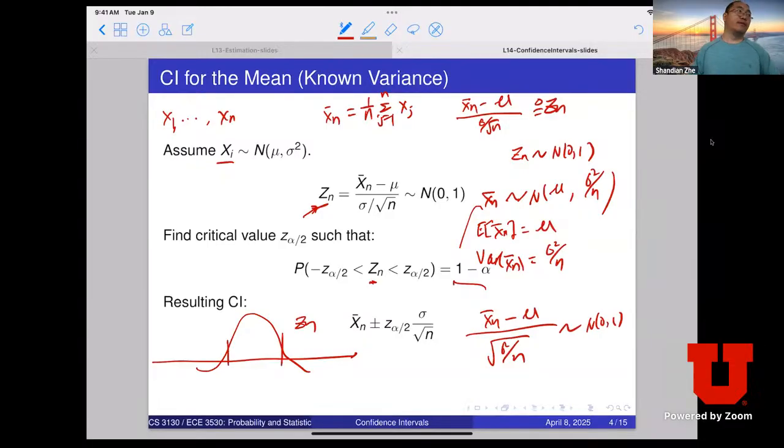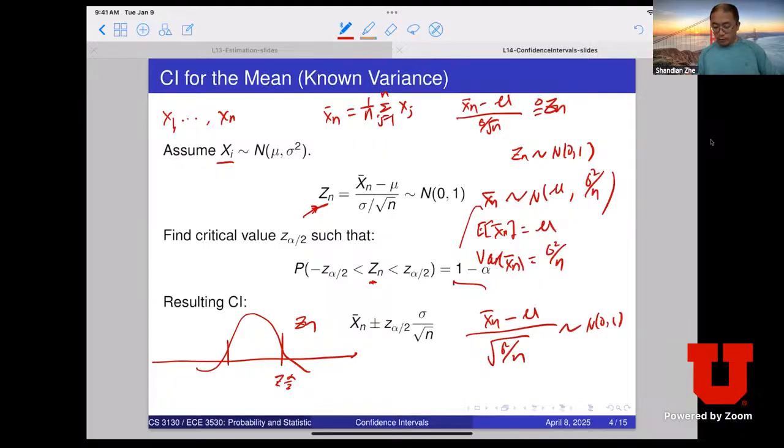quantile, right? Remember, what is a quantile? What is a quantile? A quantile is just the position or the value such that the probability that the random variable is below that value is the given probability.